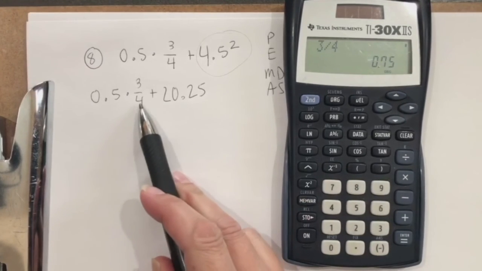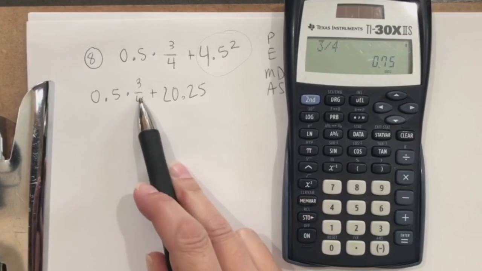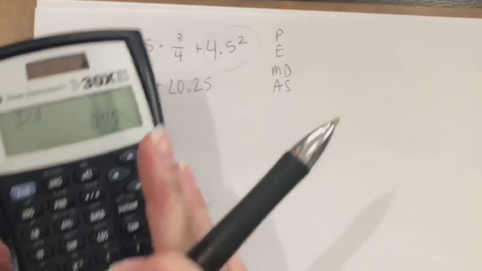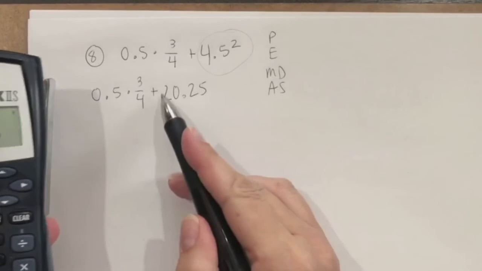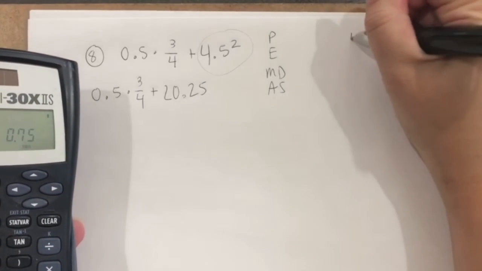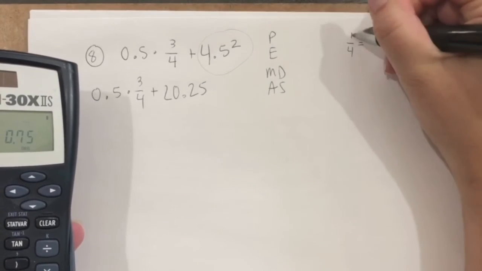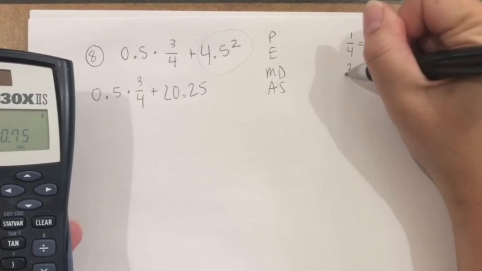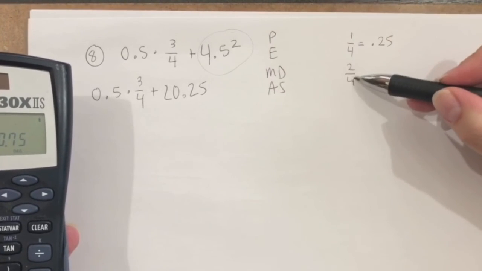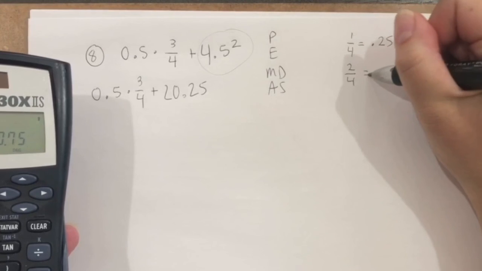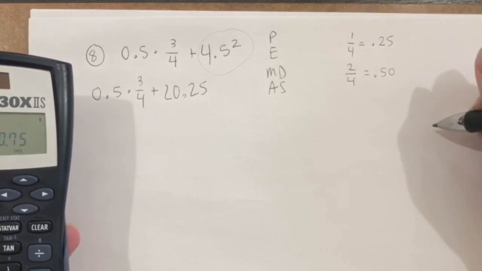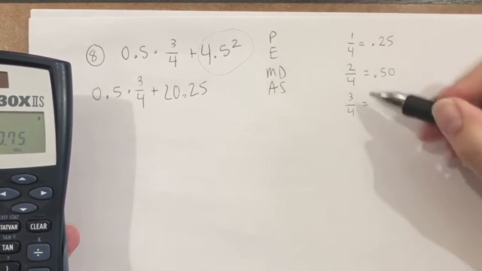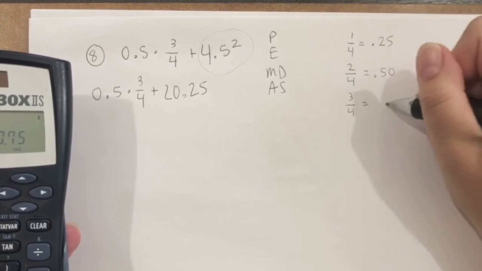Whenever you see a denominator of 4, think about quarters. This is just a trick for fractions with a 4 in the denominator. A 1/4 is 1 out of 4 quarters, or 25 cents. 2/4 is 2 quarters, which is 50 cents, or 0.50. 3/4 is 75 cents.